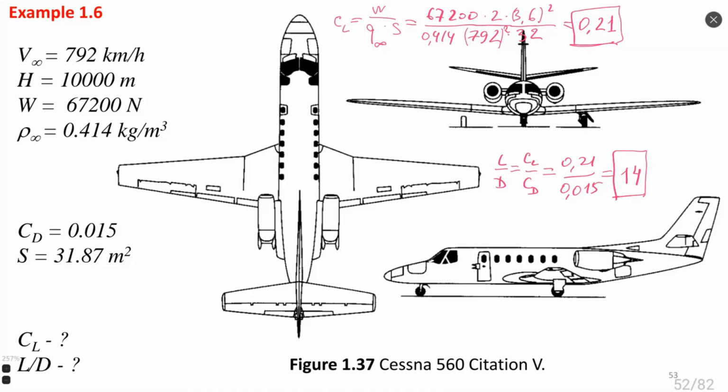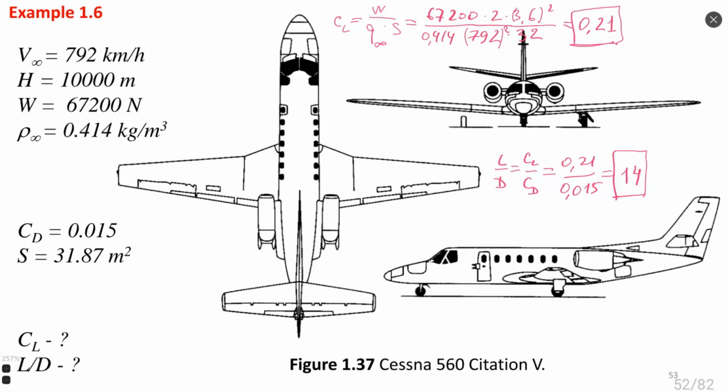Okay. What can we say about these values? When we calculate the lift to drag ratio, we can compare with some typical values for airplanes. For typical airplanes it is something between 10 and 20. So 14 is good.